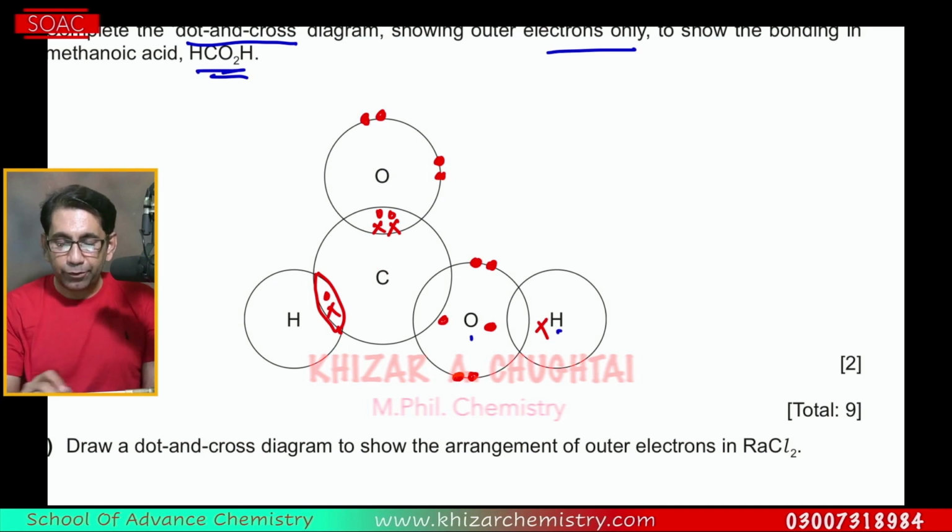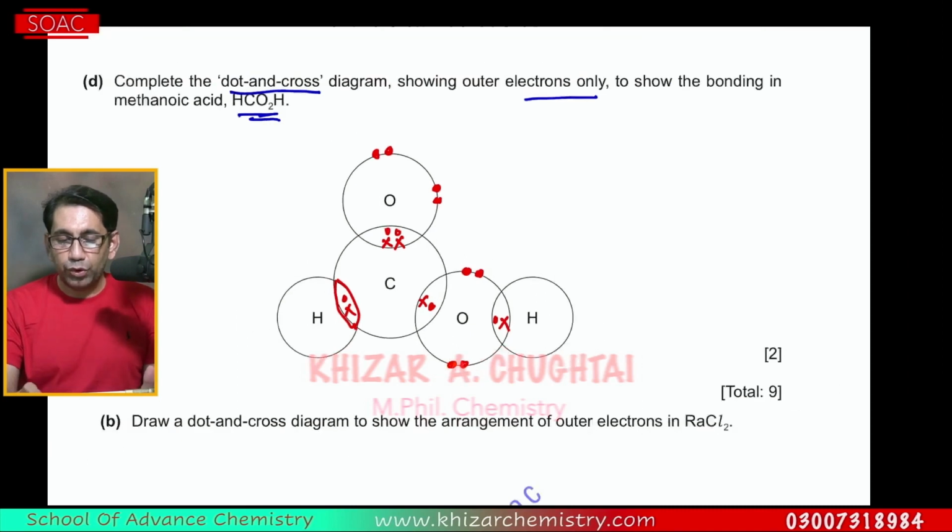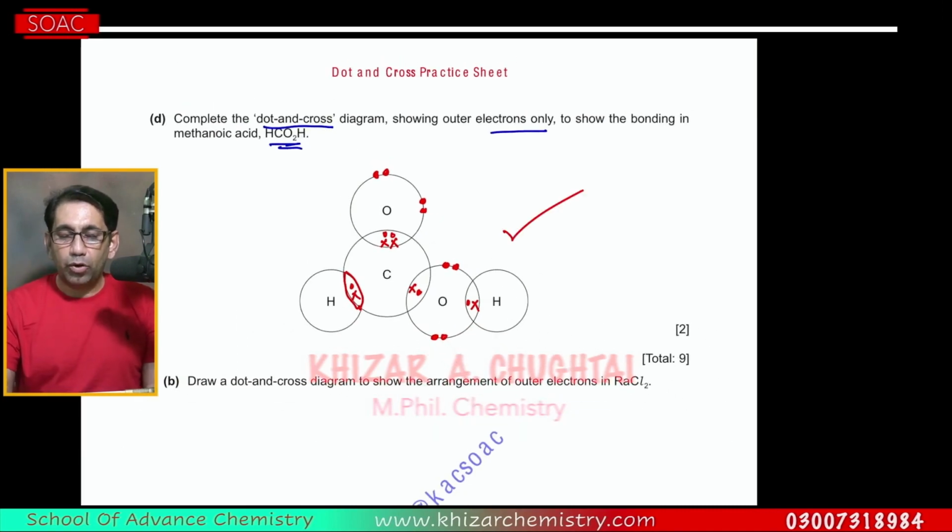Next, in the carbon oxygen region, I'm marking one dot, one cross, dot and cross. And the same is the case with the last one. The hydrogen oxygen bond again shows dot and cross because of the hydrogen atom, and this is the dot and cross diagram.